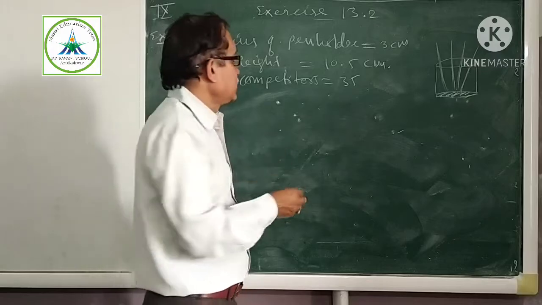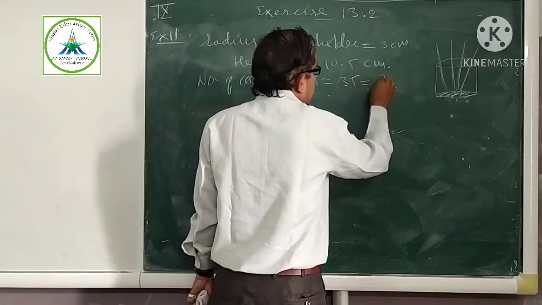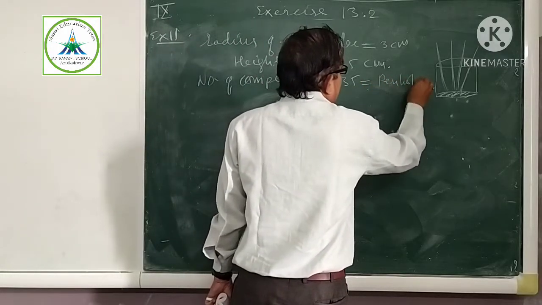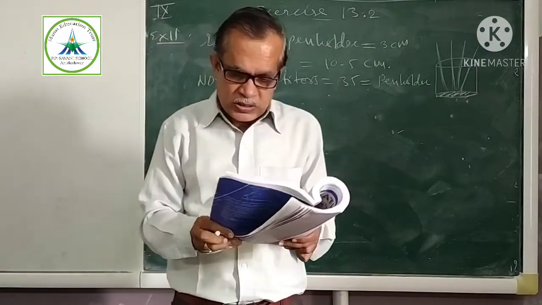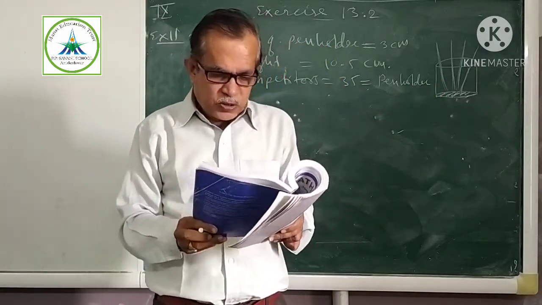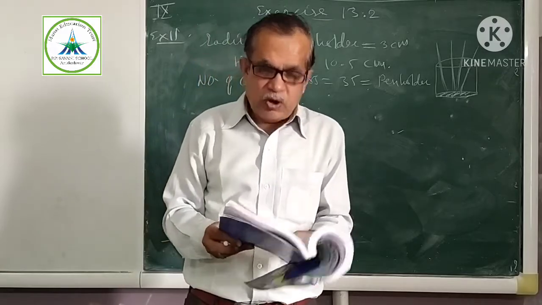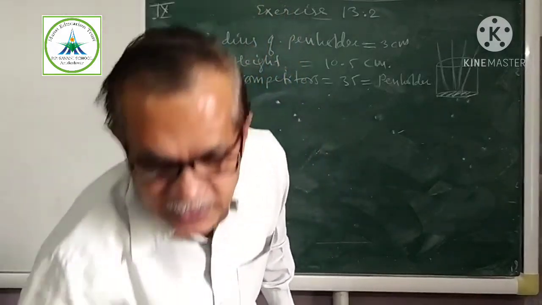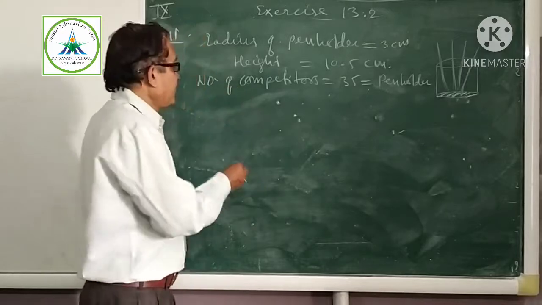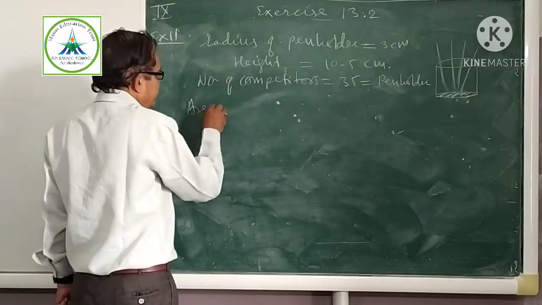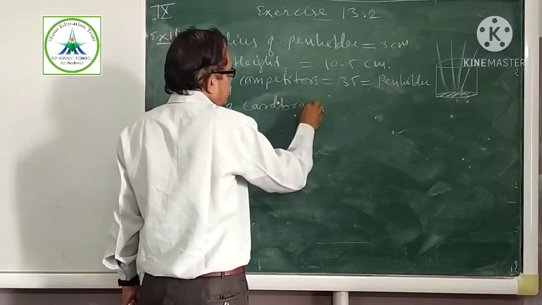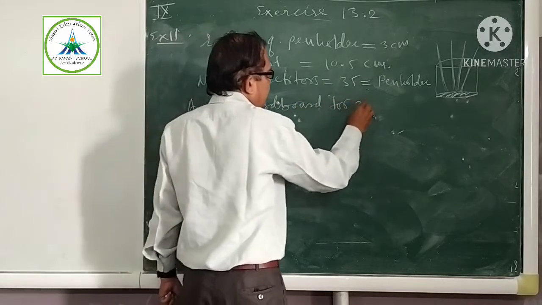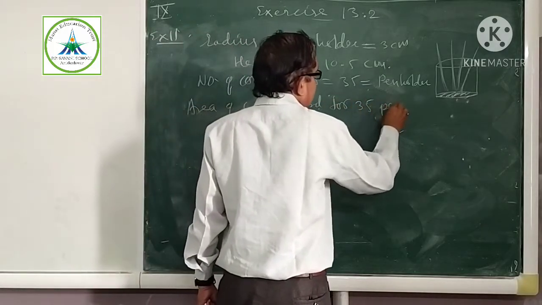Number of pen holders. So how many pen holders? 35 pen holders. How much cardboard was required to be bought for the competition? So they are asking how much cardboard is required. That is the area of cardboard for 35 pen holders.